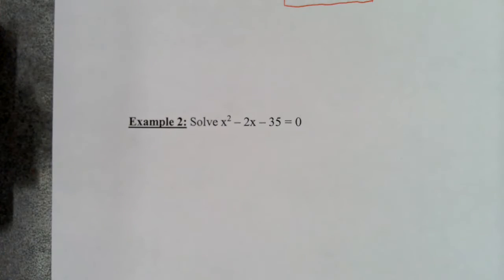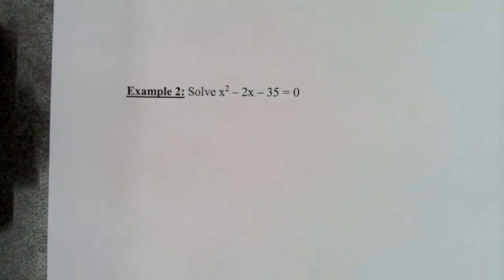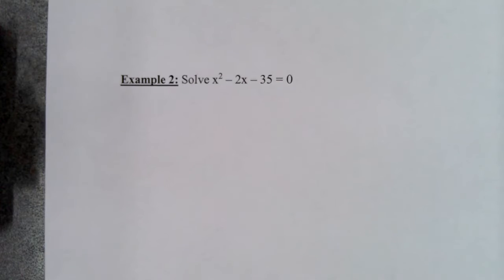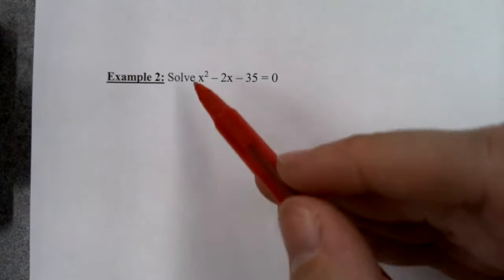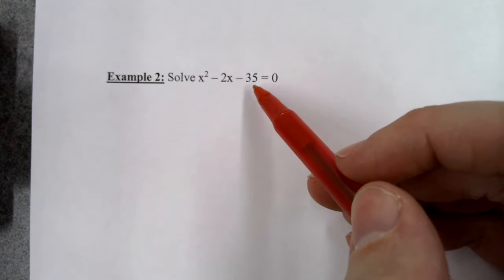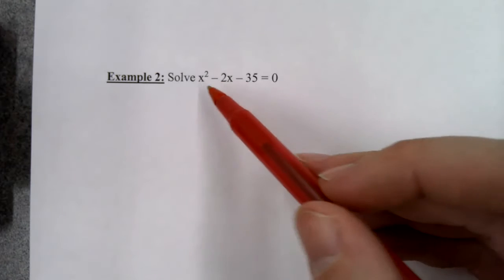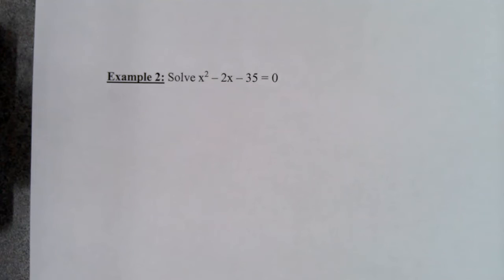Let's move on to example 2. Solve x squared minus 2x minus 35 equals 0. Whenever you have to factor a trinomial, which is 3 terms, and the first term is just 1x squared, that's the easy, quick factoring one.